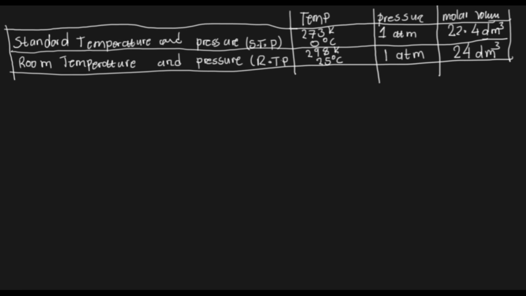molar volume. Now the formula in order to find the number of moles given the volume and the condition is, so we can now say number of moles is equal to volume of a gas divided by molar volume of a gas.